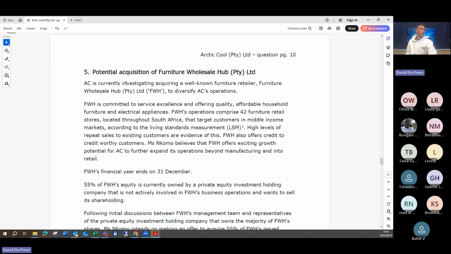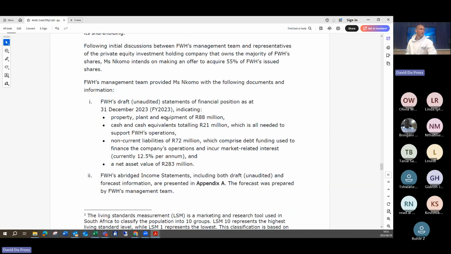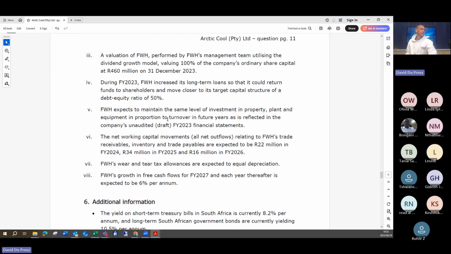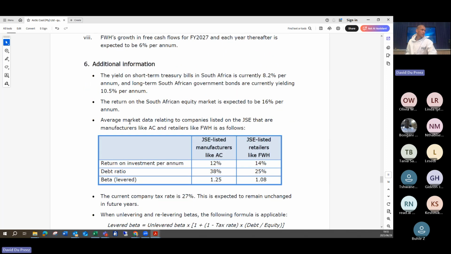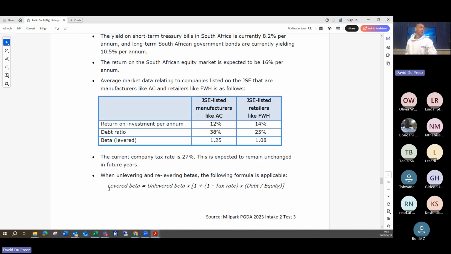Here's FWH, and basically they give you all the information, and then they give you additional information. Oh, they actually gave you the Hamada formula.